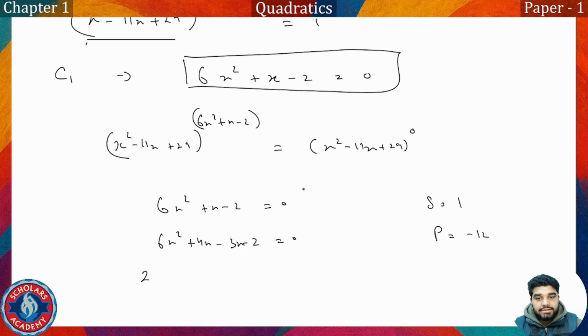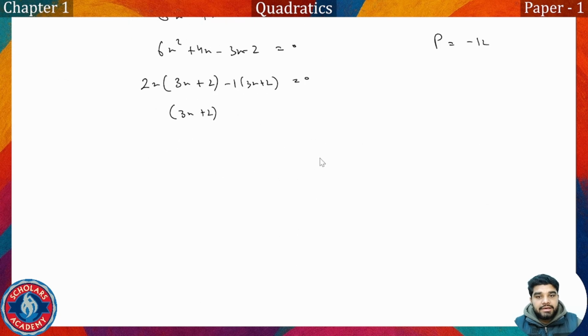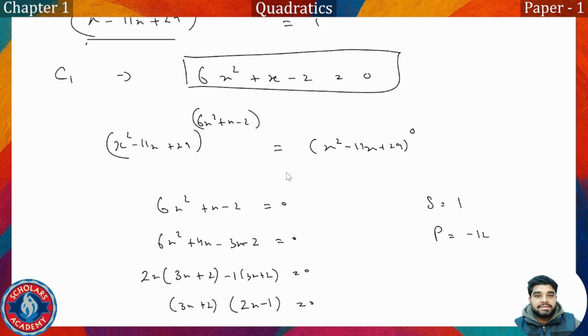So we can take 2x common: 2x(3x plus 2) minus 1(3x plus 2) is equal to 0. So (3x plus 2) and we get (2x minus 1) is equal to 0. So from here we can say that x is equal to negative 2 by 3 or x is equal to 1 by 2. So these are our answers.